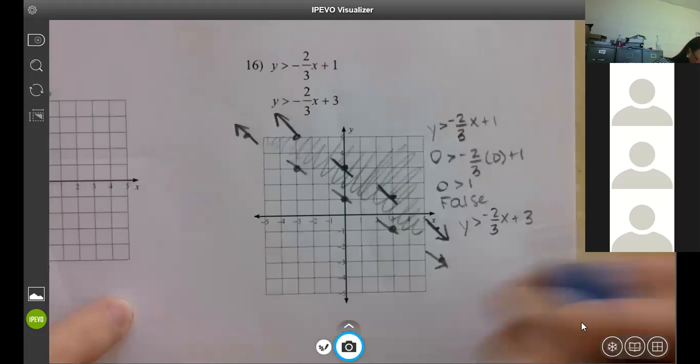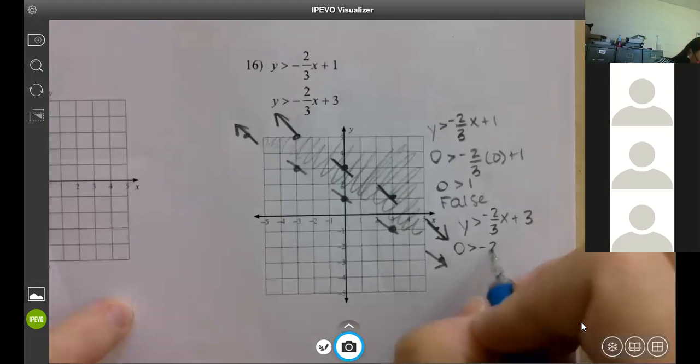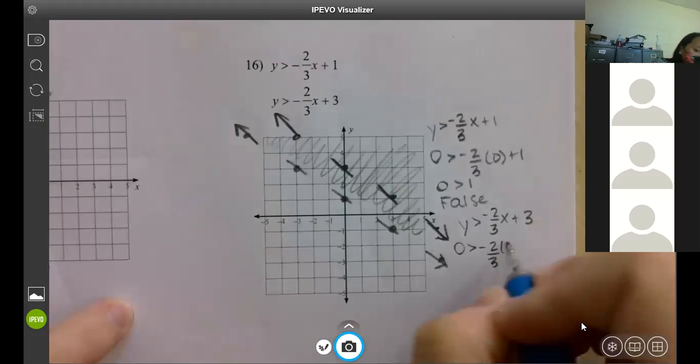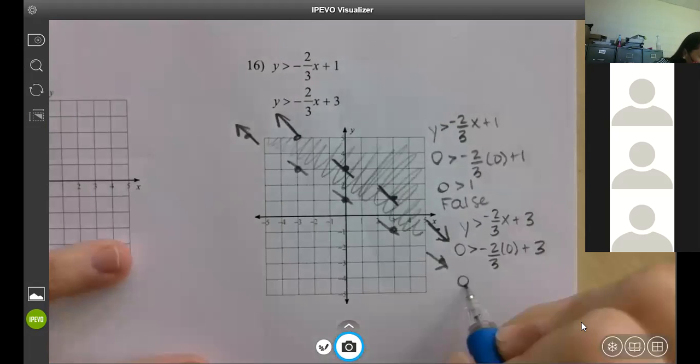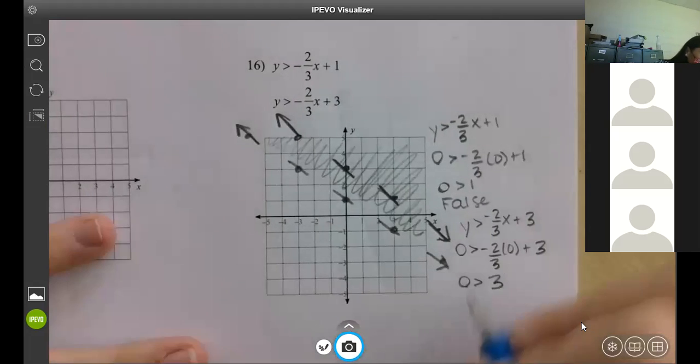So 0 is greater than negative 2/3 times 0 plus 3. Negative 2/3 times 0 is 0, plus 3 is 3. Is 0 greater than 3? So don't shade 0, 0.